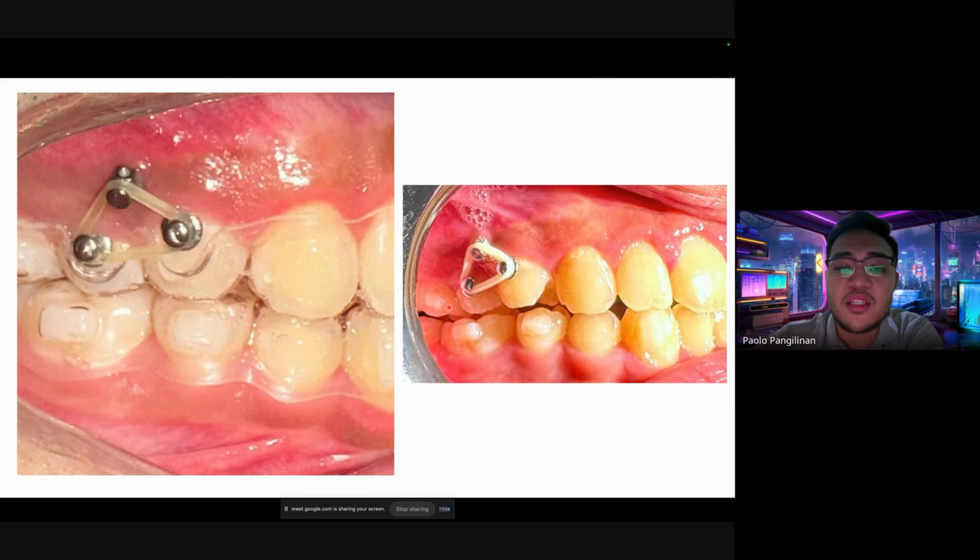From the level of this premolar to the level of this molar, they are now at the same level. This is an active intrusion approach that we use: the use of your TADs and your elastics.